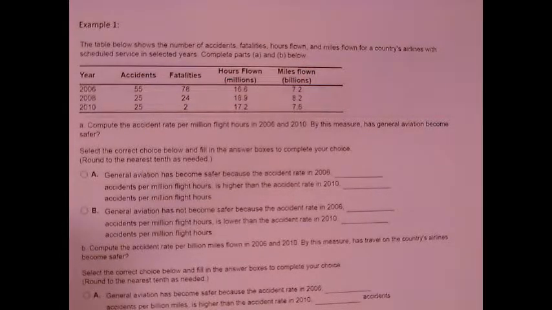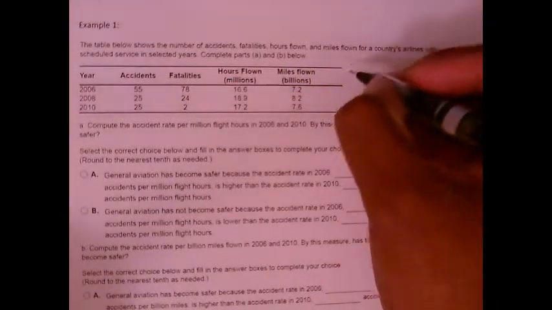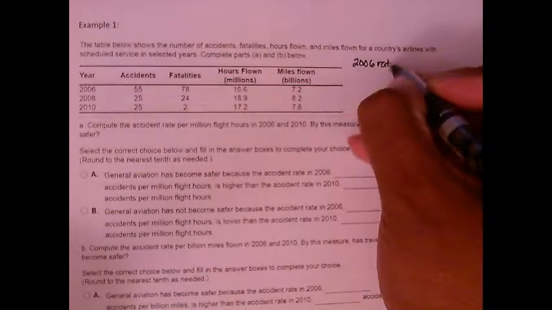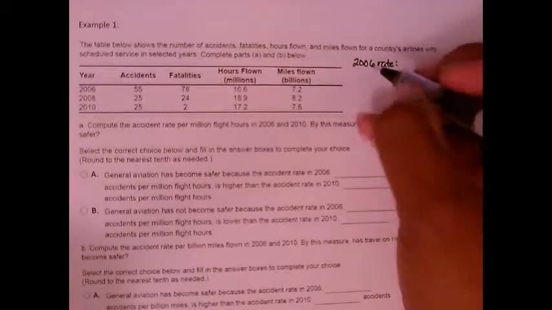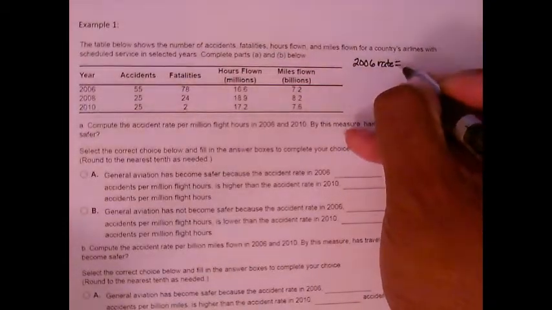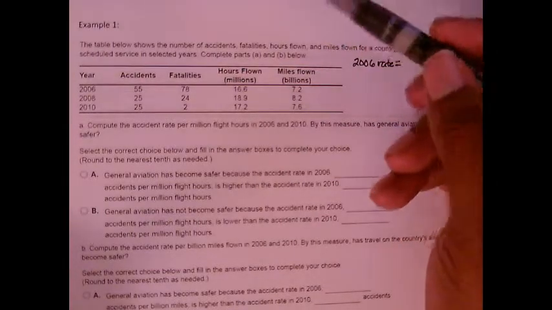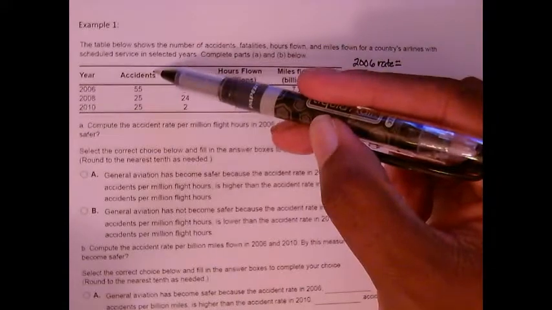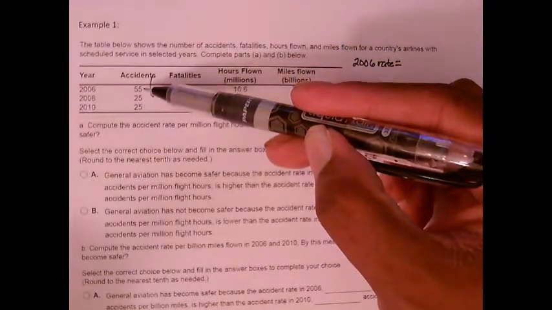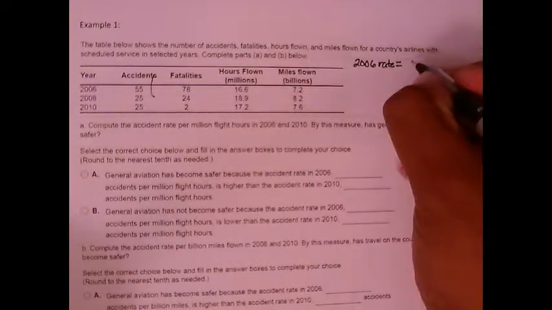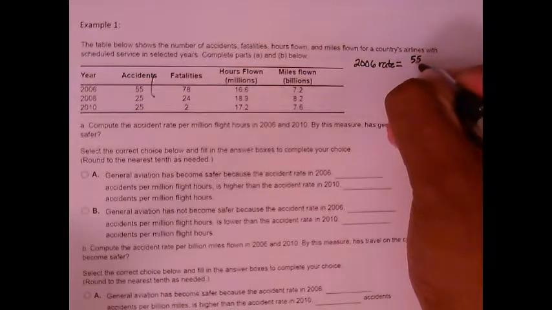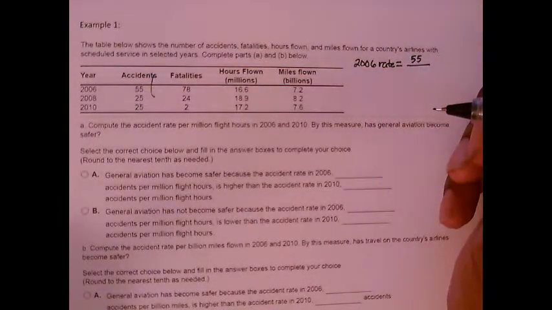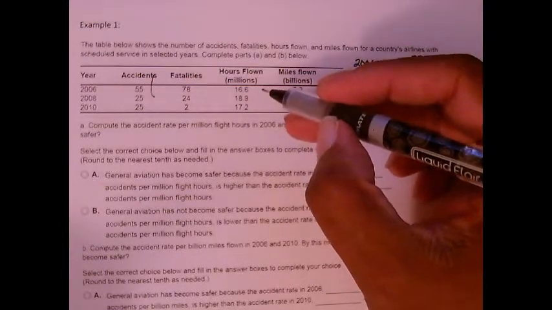Now let's take a look at the 2006 rate. That's going to be equal to, now we're dealing with accident rate per million, well, the accidents in 2006 was 55. That's going to be divided by the flight hours.